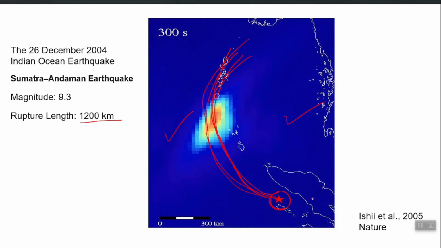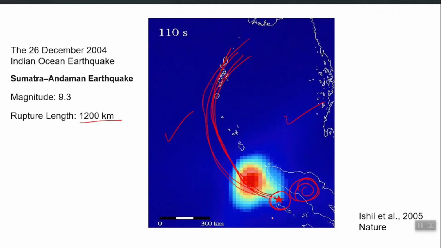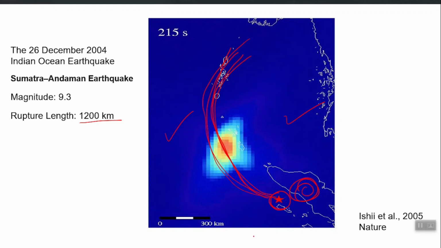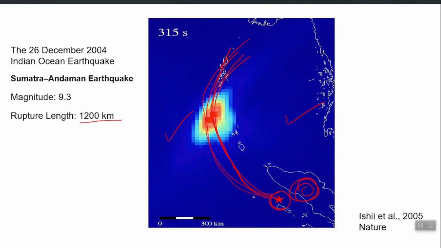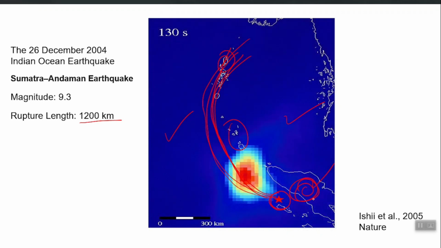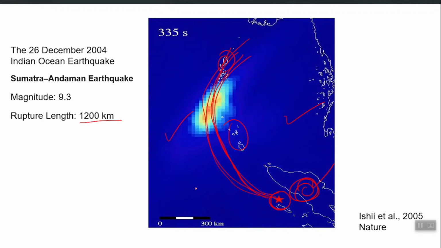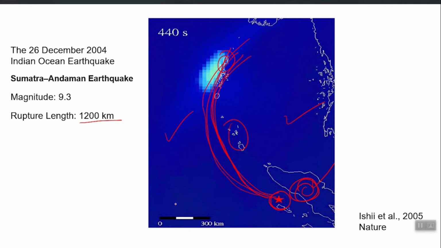So if you are located somewhere here, for example here, you are very close to the epicenter, but you are lucky because the rupture hasn't propagated towards you, right? So it means that the people who are here, on these islands, for example these ones, will experience far more shaking compared to the people here, right? Because although they are very far from the epicenter, they are very close to the fault line or the rupture.